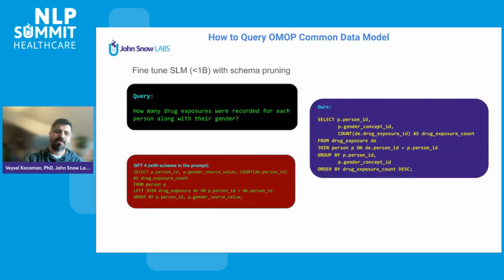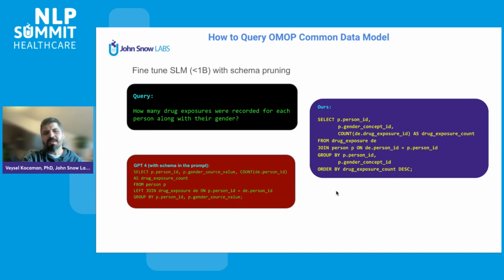So here is one of the simple examples that we ran against the OMOP schema. How many drug exposures were recorded for each person? And GPT-4, we put the schema in the prompt, because in each LLM, in our approach as well, you need to provide the schema, because otherwise you need to fine tune, right? Or you give a few shots to make the model understand the schema. As you see, ours can perfectly capture the essence of this query, while GPT-4 fails to do this.